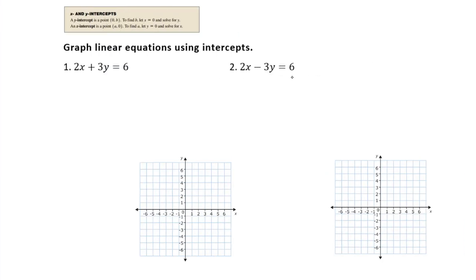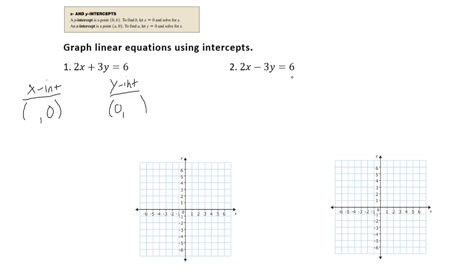All right, so in this method, what we're going to do is find the x and y intercepts. For x-intercepts, it's always something, 0, because it's on the x-axis, so y is 0. And for y-intercepts, it's going to be 0, something, because the x value is always 0 on a y-intercept.